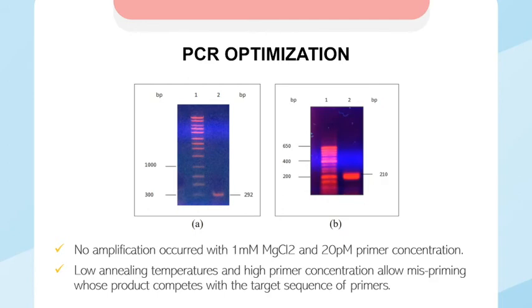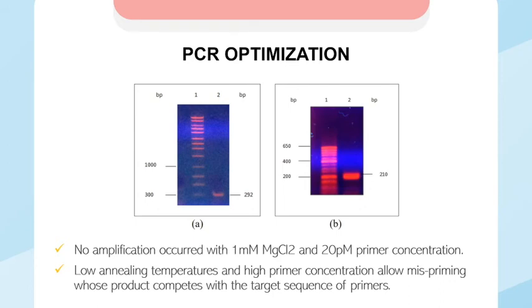On the other hand, in Figure B, Lane 1 shows a 50 base pair DNA ladder, while Lane 2 shows the SLT1 gene having 210 base pairs amplified with SLT1 F and R primers.